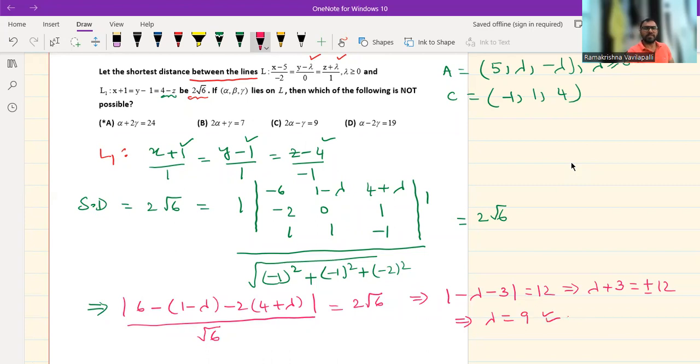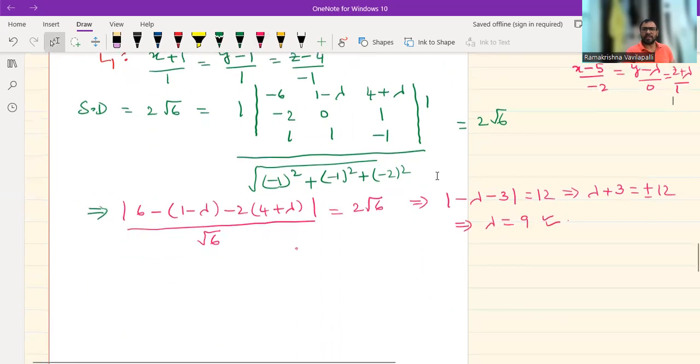Now what they are telling, alpha, beta, gamma lies on first line. Then which of the following is not possible? So you just need to substitute alpha, beta, gamma on the first line. So therefore, the line is x minus 5 by minus 2, y minus lambda by 0, z plus lambda by 1.